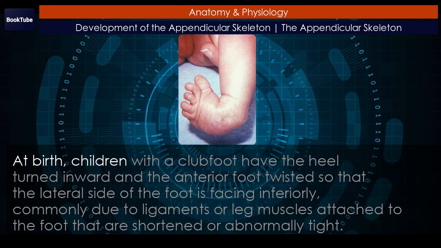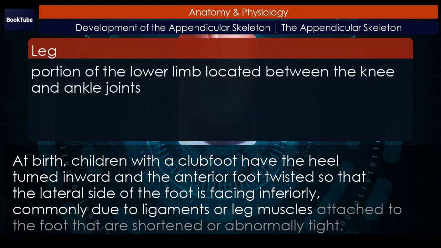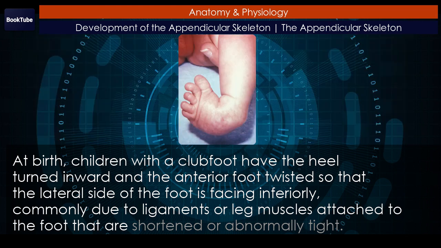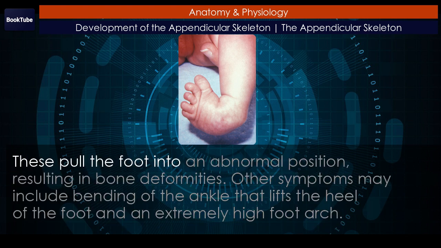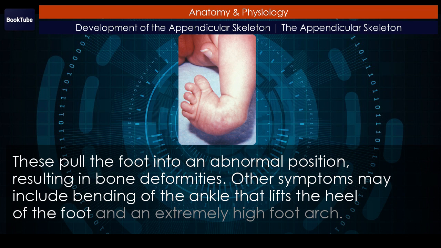At birth, children with a clubfoot have the heel turned inward and the anterior foot twisted so that the lateral side of the foot is facing inferiorly, commonly due to ligaments or leg muscles attached to the foot that are shortened or abnormally tight. These pull the foot into an abnormal position, resulting in bone deformities. Other symptoms may include bending of the ankle that lifts the heel of the foot and an extremely high foot arch.